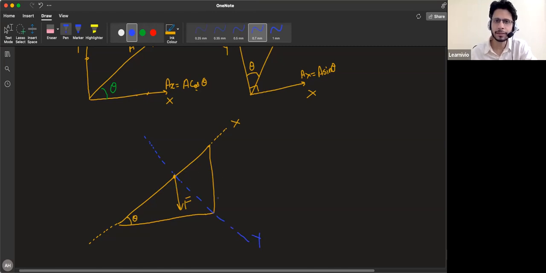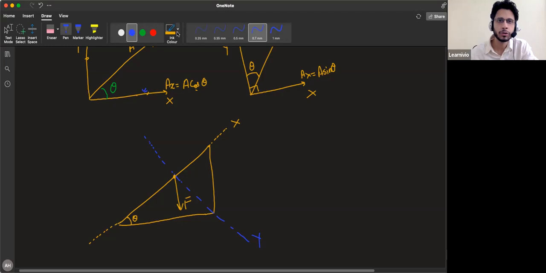So this is my x-axis and this is my y-axis. Your x and y should be mutually perpendicular. If they are mutually perpendicular, they can be in any direction. So it's not necessary that x should always be horizontal. Now to resolve f, I need the angle either with respect to x or with respect to y.